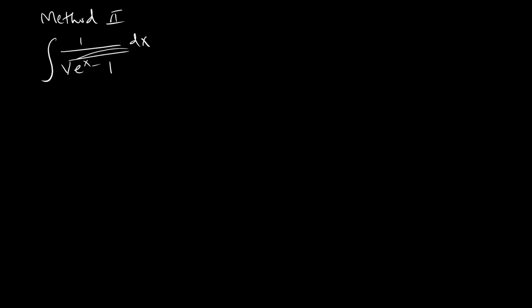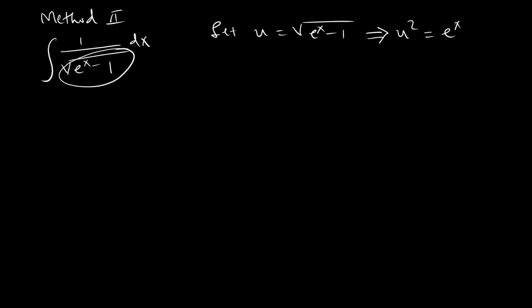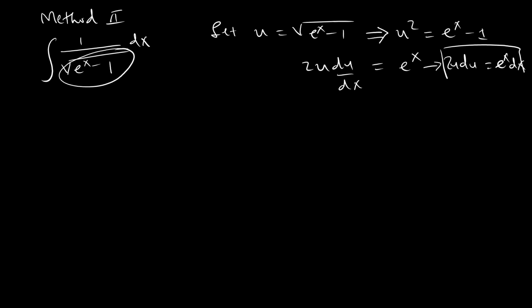We could try to substitute for this part here by saying let u be equal to square root of e to the x minus 1, and so u squared is e to the x minus 1, and therefore 2u du dx is equal to e to the x, meaning that you could substitute for e to the x dx with 2u du.